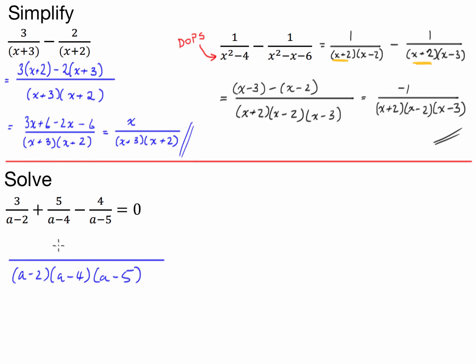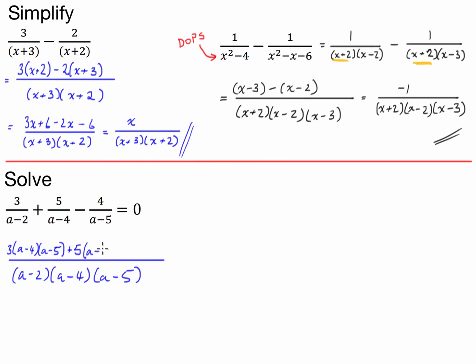Now, where it's a little bit more tricky than that is in the numerator. For a minus 2 to get to this, it had to be multiplied by a minus 4 and a minus 5. So we're going to multiply the numerator by that. So we have 3, a minus 4, a minus 5, plus 5. a minus 4 had to be multiplied by this one and this one.